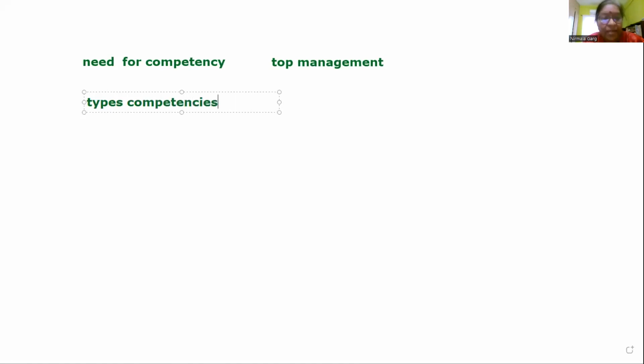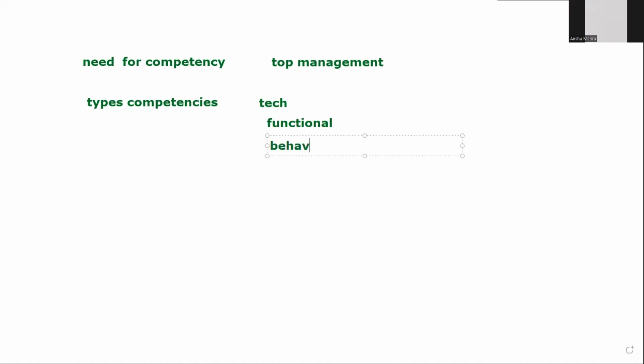Anybody who has done a lot of work in this area? We talked about it, so that's why I'm asking. What are the types of competencies? Technical competencies, functional competencies, behavioral competencies.